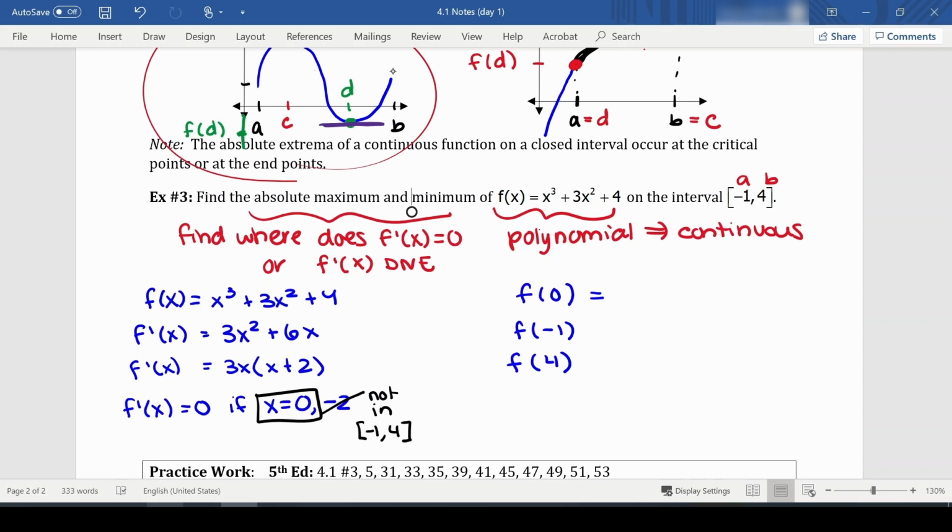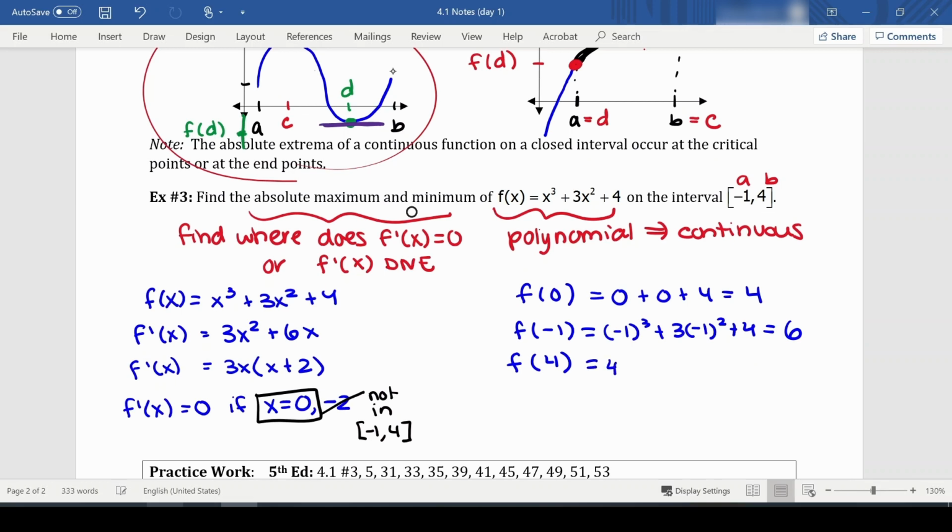I'm going to plug 0 in, get 0 plus 0 plus 4. So 4. My y value when x is negative 1, we're going to plug negative 1 in. And we get negative 1 plus 3 plus 4, which is 6. So this is bigger than 4. So we know that the 4 is not our maximum.